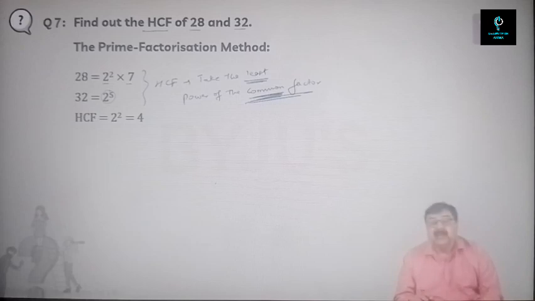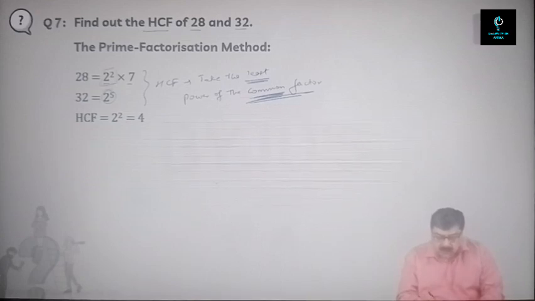But in case of HCF, we will consider only those factors which are factors of both the numbers. So here 2 is a factor of both the numbers, but 7 is a factor of 28, but not of 32. So 7 is not to be considered.